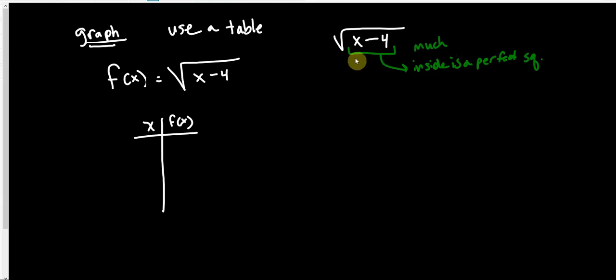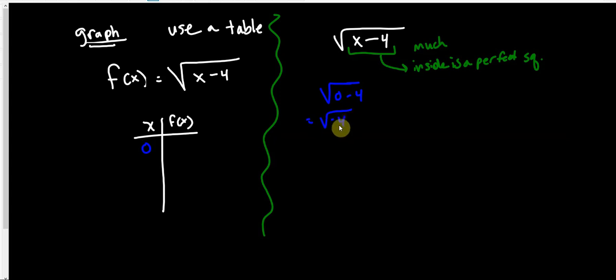So for instance, I have to be careful here. I'll draw a line here, so this is our scratch work over here. If I try picking x as 0 and plug 0 in, what's 0 minus 4? That's negative 4. Can I take the square root of a negative? No. That's undefined for us right now, or not a real number.